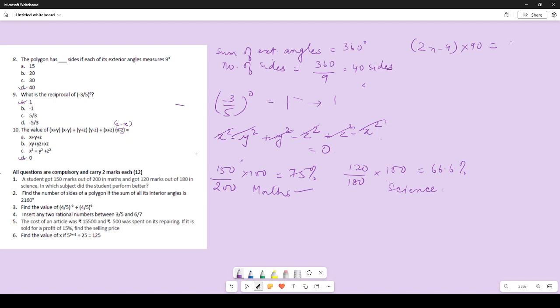The sum of interior angles is 2160. So 2n minus 4 is equal to 2160 divided by 90. And when you do the calculation, you get this as 24. And when you move the sides, then you get 2n is equal to 28. This implies that n will be equal to 14.